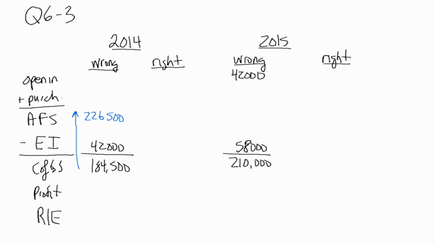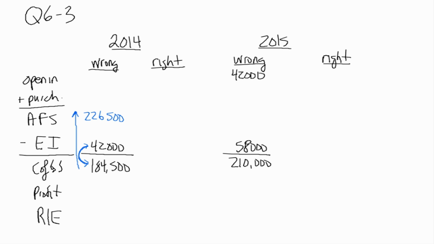Okay, I agree. So that means that the split between these two amounts is wrong, but it doesn't mean that the available for sale is wrong. Do you see what I'm saying? Right?